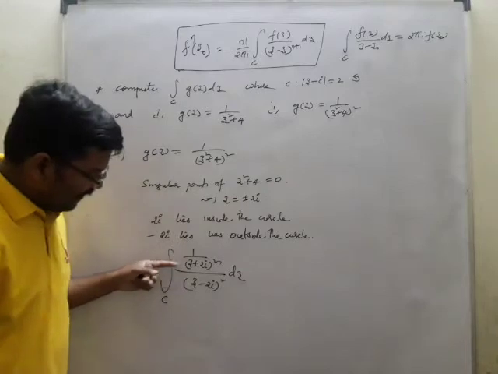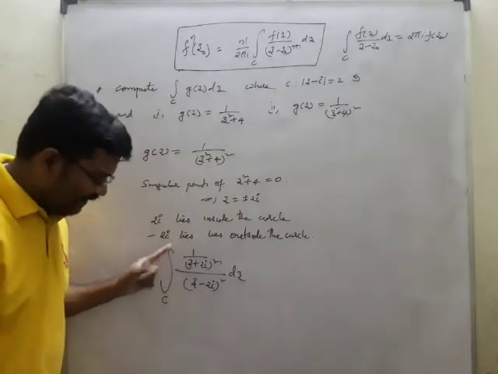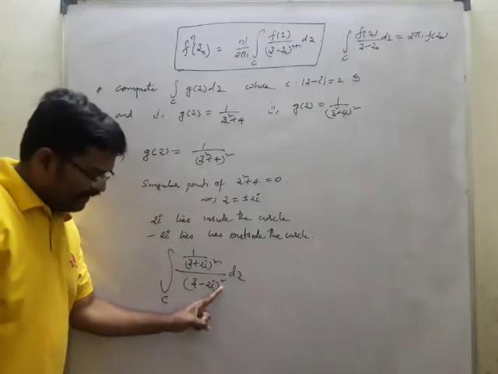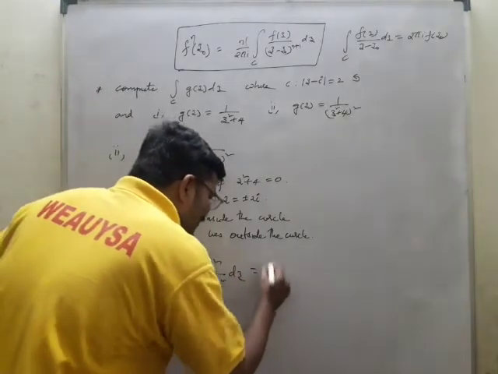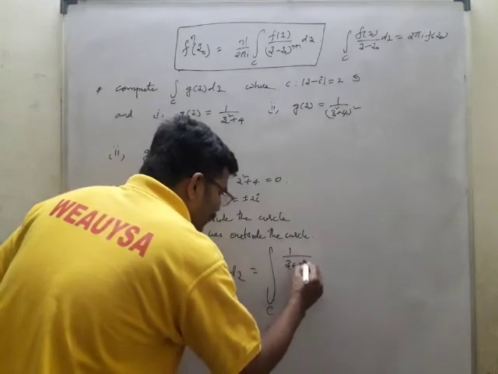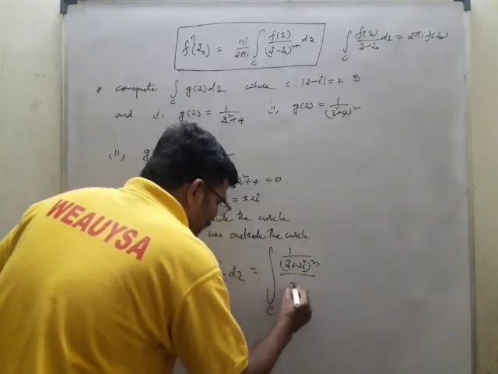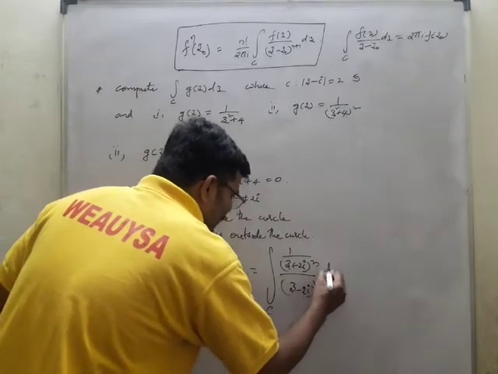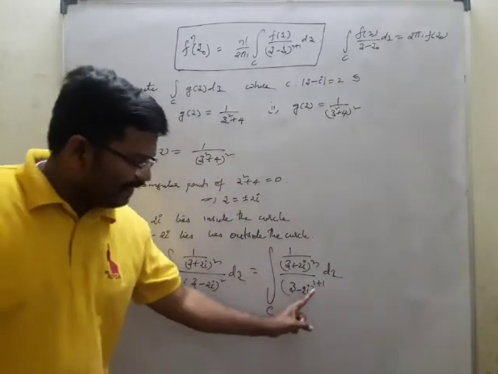Now this numerator is f of z, and the denominator is z minus z naught whole square. This also can be written as integral C 1 by z plus 2i whole square by z minus 2i whole power 1 plus 1 dz, which means n is equal to 1.